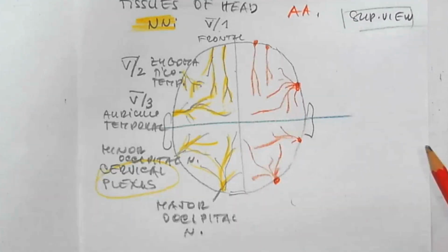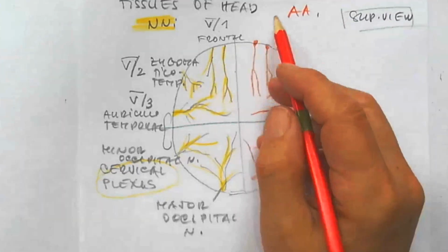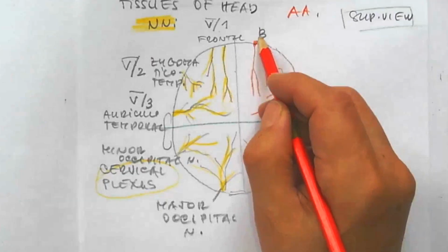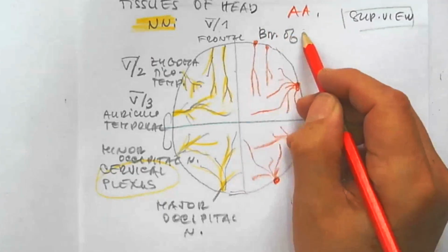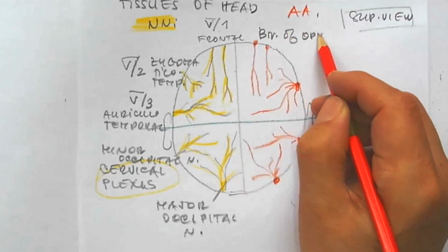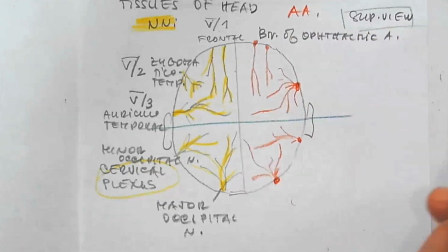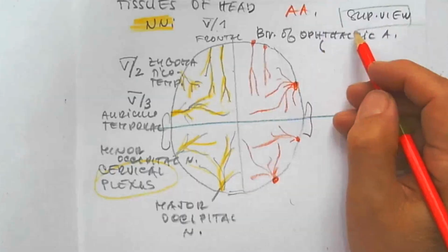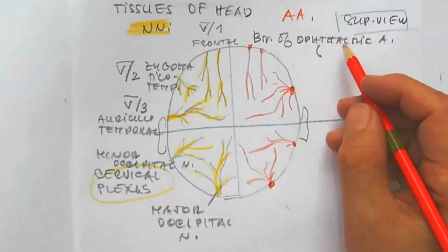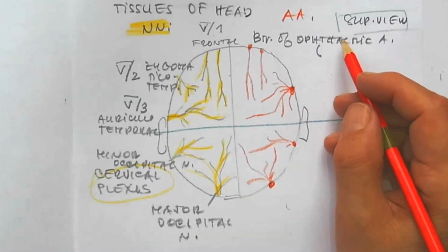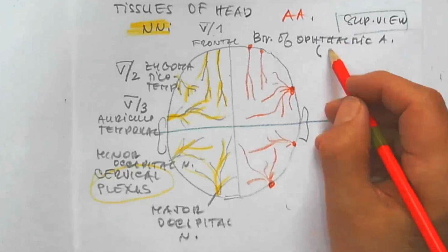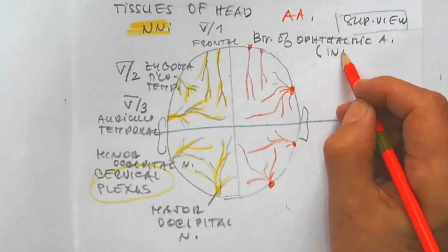So again, here we see the branches of the ophthalmic artery. Note, all of us, we would add the information concerning the source of the artery. So the ophthalmic artery is a branch of the internal carotid artery.